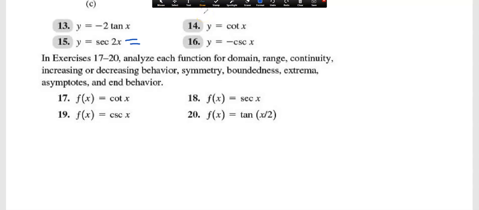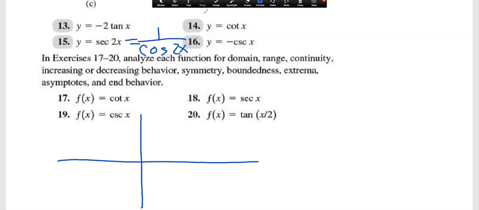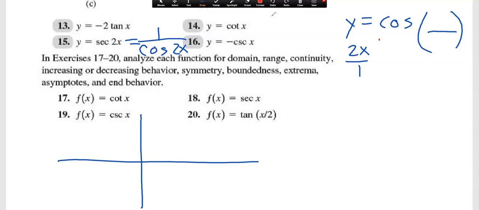Secant goes with what? Cosine? Alright, so this is really like looking at 1 over cosine 2x. Now, what does cosine 2x look like? Anybody know how to put that in factored form? 2x over 1. What are we doing to the top and the bottom? Hopefully you multiply it by 1/2, and so you would realize what's going on.